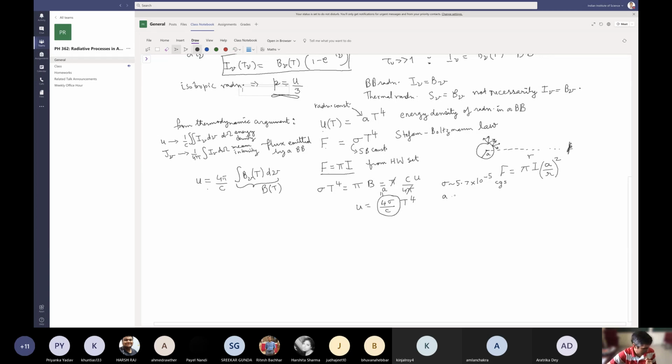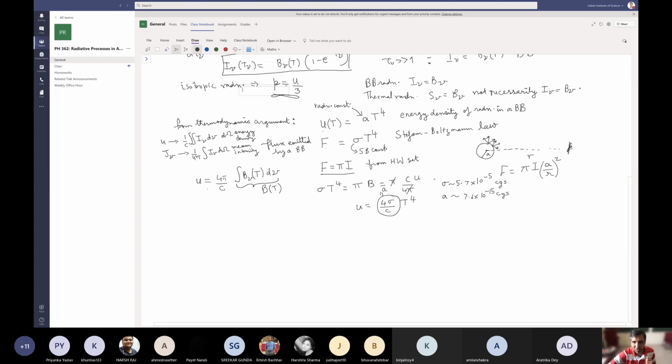Similarly, A is 7.6 times 10 to the minus 15 in CGS units. It's useful to have a sense of these units. Okay, good.